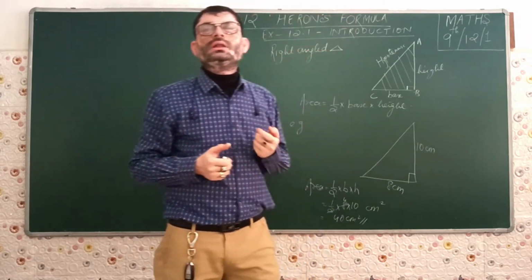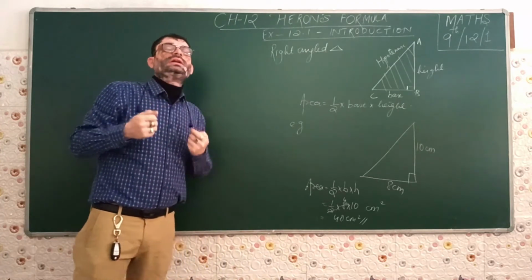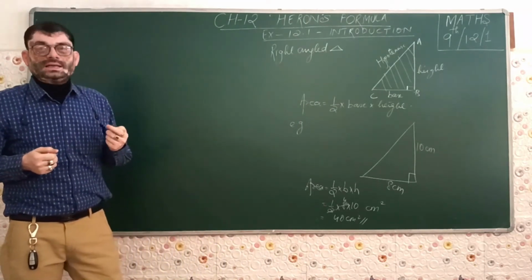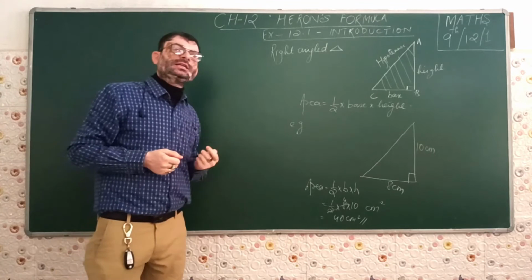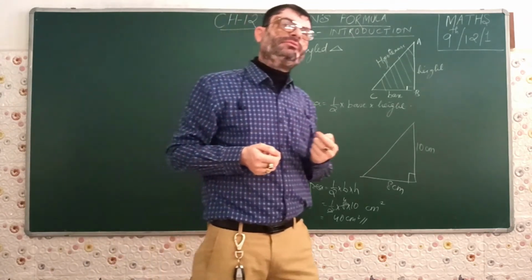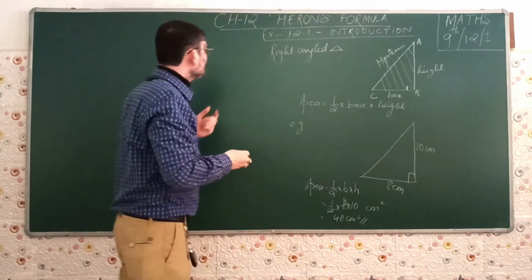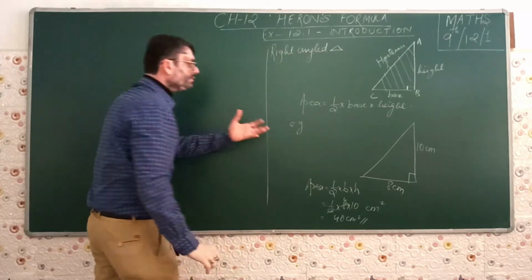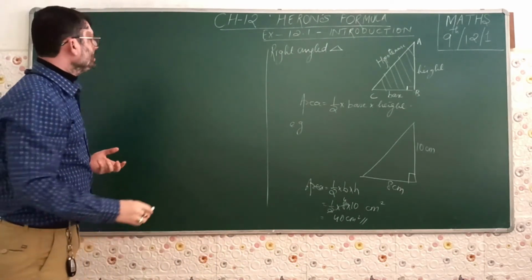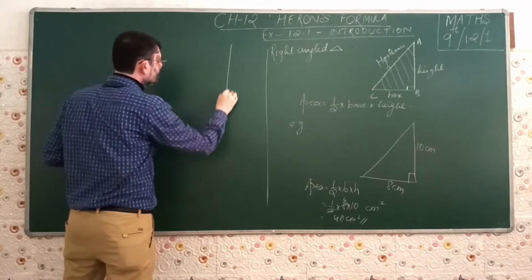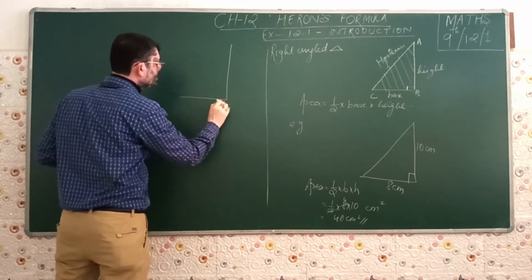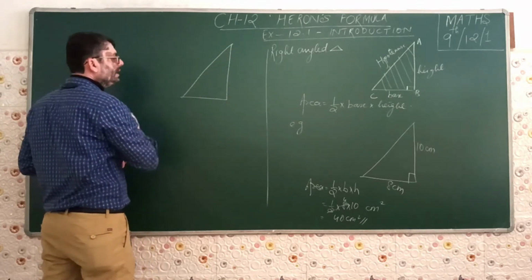The name of that great mathematician was Pythagoras, and his theorem is applicable for a right angled triangle. So what was the Pythagoras theorem? Let us revise it so that when we use the theorem further, you will be very clear about it.